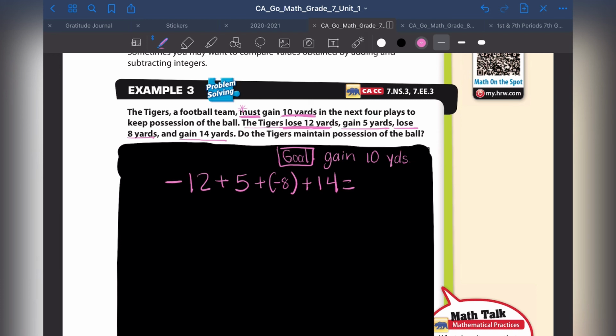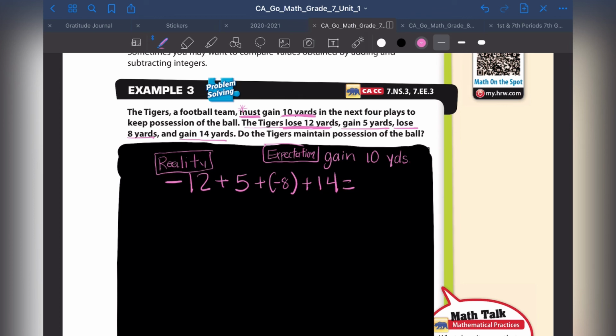And this is what actually happened, so this would be the reality. They met the expectation.